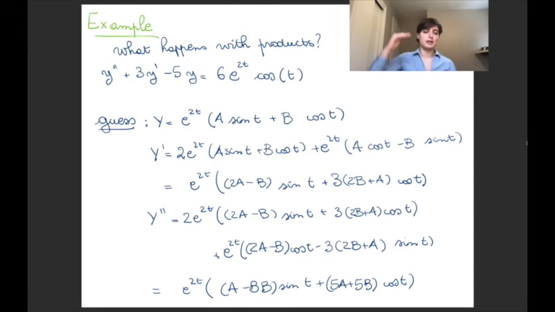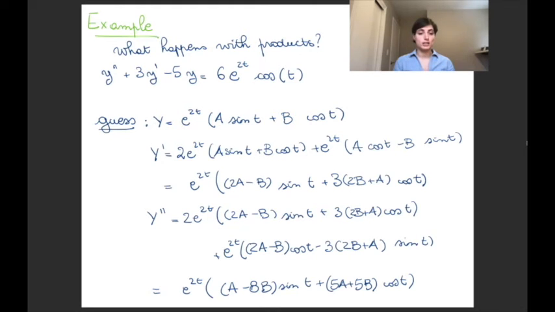And you notice how the y is e to the 2t times a combination of sine and cosine. Y prime is e to the power 2t times a combination of sine and cosine. And y second is e to the 2t times a combination of sine and cosine. So they have the same structure.